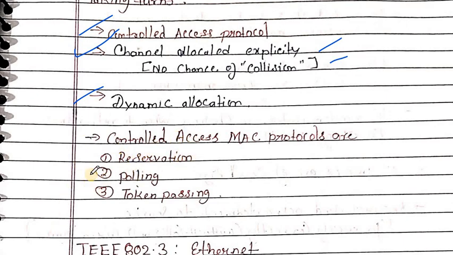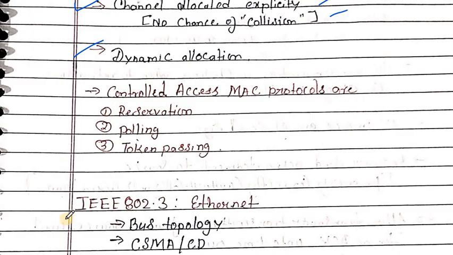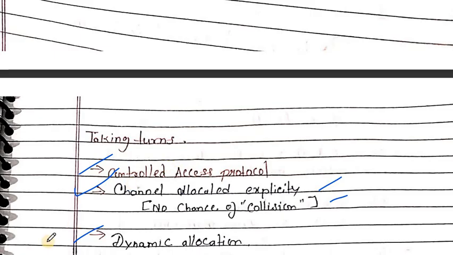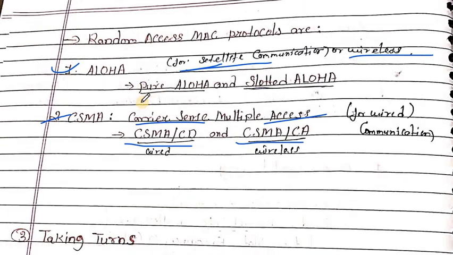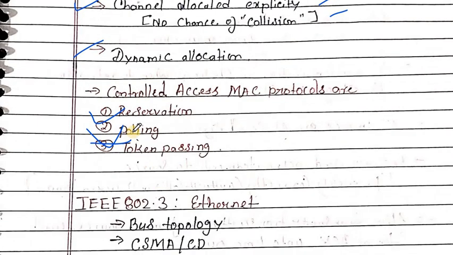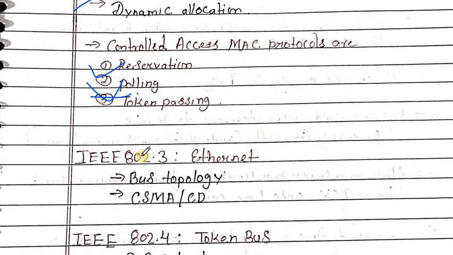The controlled access protocols of taking turn are reservation, polling, and token passing.